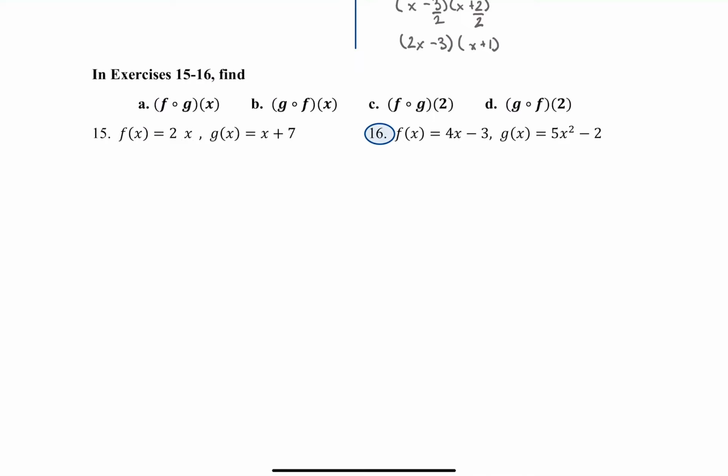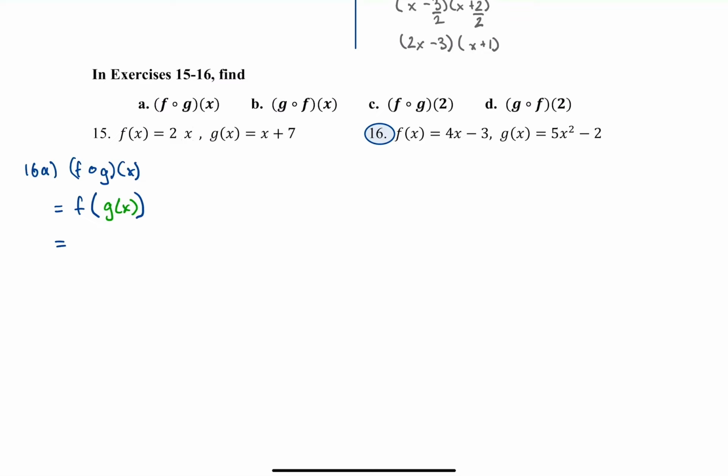So to do 16, let's go ahead and do 16a. We're asked to find f of g of x. This is the same thing as f and then that circle opening up. And just to color code things a little bit better, we'll have g of x plugged into f.